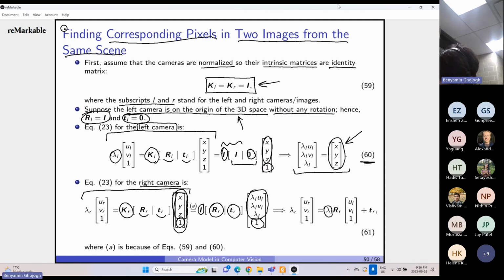Therefore, TR times 1 is plus TR, right? RR times these, I can factor out the scalar lambda L. Lambda L is factored out, RR times this. And this is repeated here. So far clear? If you have any question, ask me.